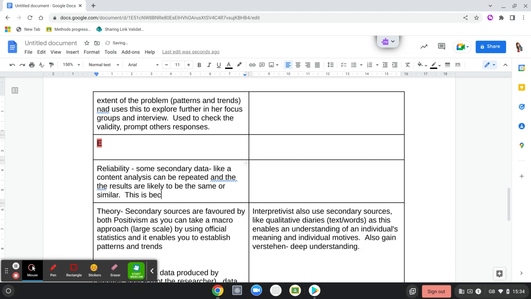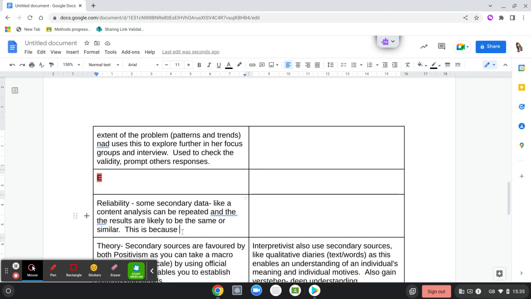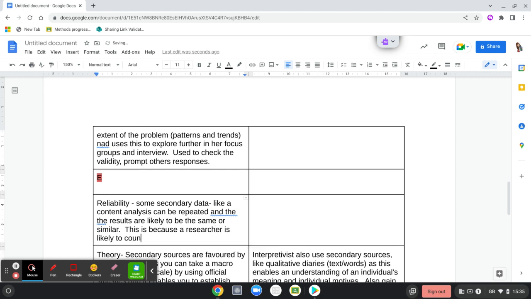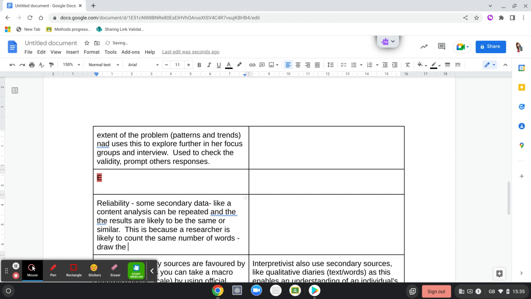This is because in a content analysis, you count the number of words in a piece of text, and a researcher is likely to count the same number of words and draw the same conclusions as a result.